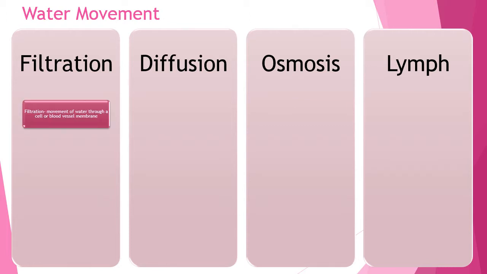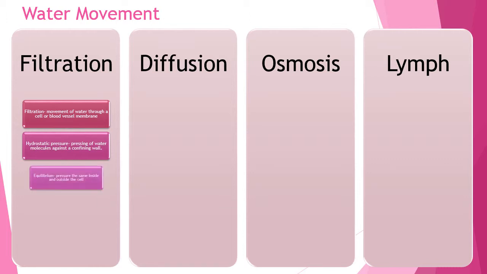Filtration is the movement of fluid through a cell or blood vessel membrane because of hydrostatic pressure differences on both sides of the membrane. Hydrostatic pressure is the constant pressing of water molecules in a confined space outward against the confining walls. Equilibrium is established when the hydrostatic pressure is the same in the fluid spaces, resulting in no pressure differences.